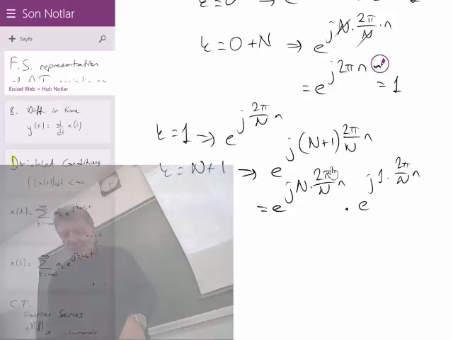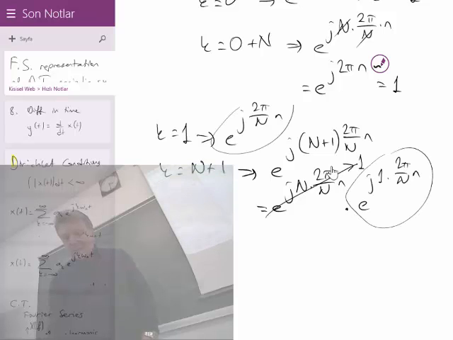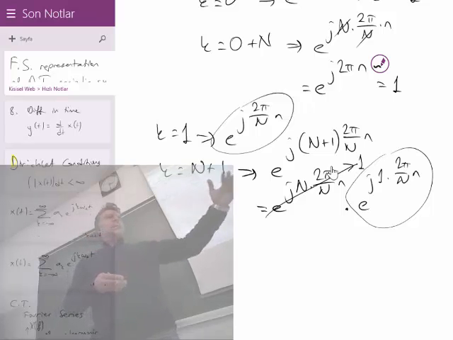And you see that this portion is 1. So the remaining thing is the same as the k equal to 1 case. If you are at k equal to 1, capital N plus 1 will give you the same harmonic. If k is equal to 2, 2 plus capital N will correspond to the same harmonic.